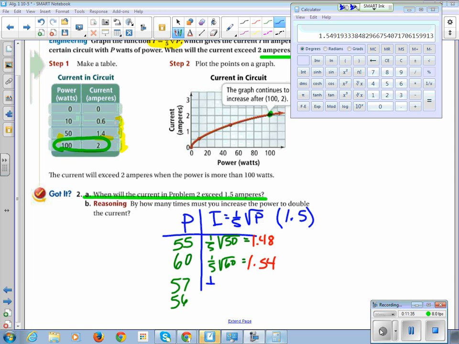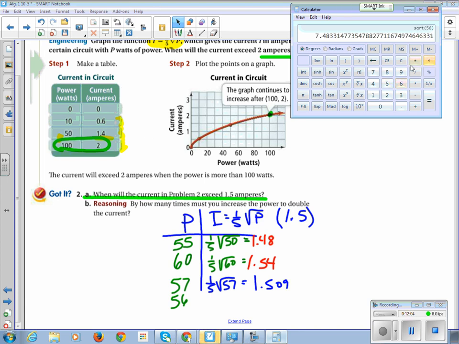So we have 1/5 times the square root of 57. Calculator says square root of 57 times 1/5 is 1.509. That's a pretty good one. Just for fun, let's do 56.